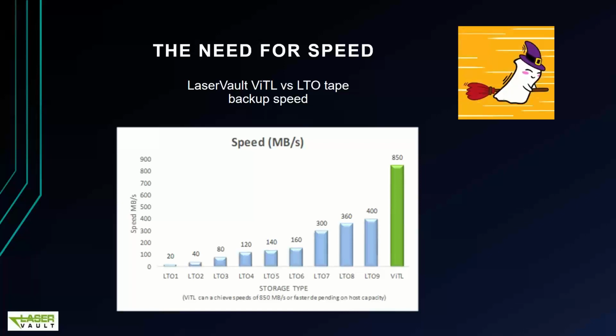So we just have a basic chart here going all the way up to LTO9 at 400 megabytes per second, whereas a VTL solution can go up to 850 megabytes per second. And this is not even accounting for multiple tape devices that you might be using as a parallel save. Fiber channel bandwidth between the IBM side and the virtual tape library side, where you can go as high as 32 gig fiber channel connectivity.